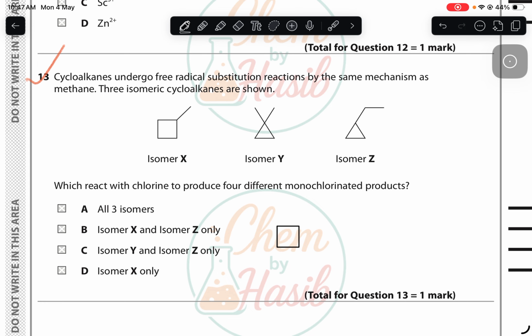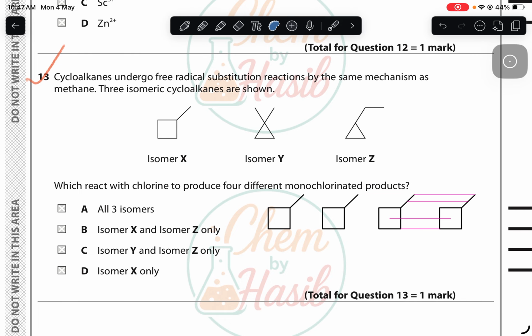Let me draw all the 4 compounds. One chlorine can get substituted here, here, here, and here. So isomer X will form 1, 2, 3, 4 compounds.